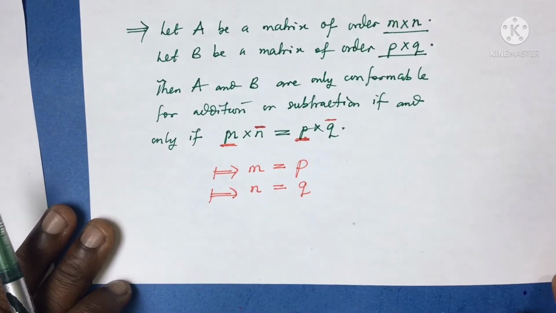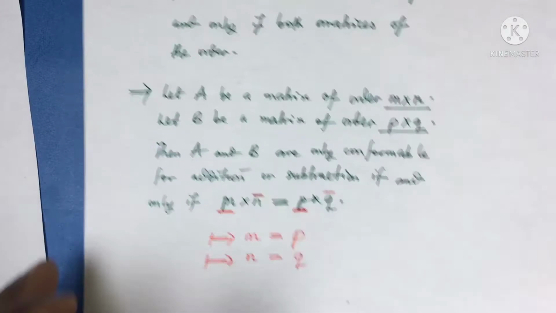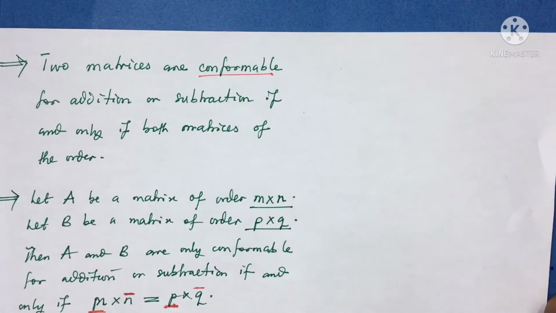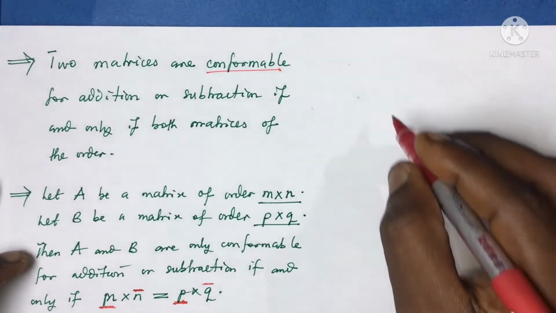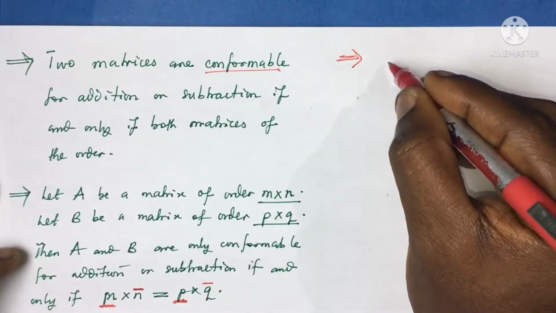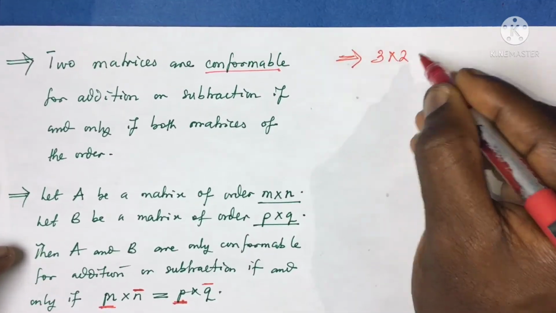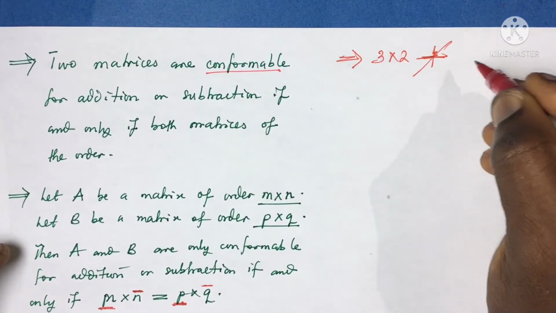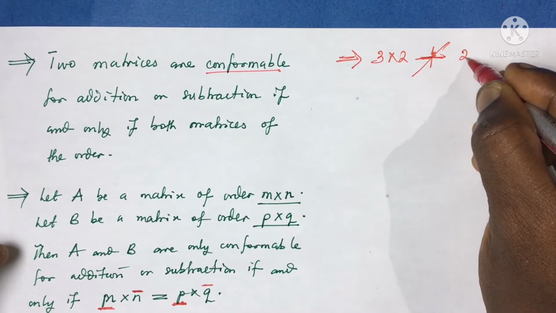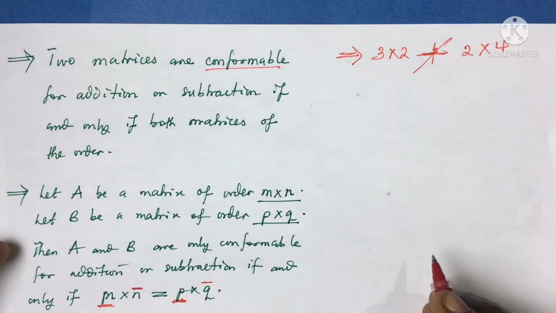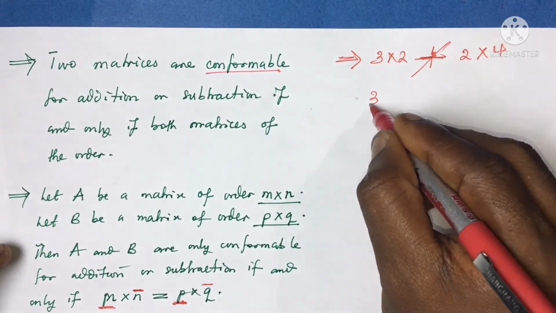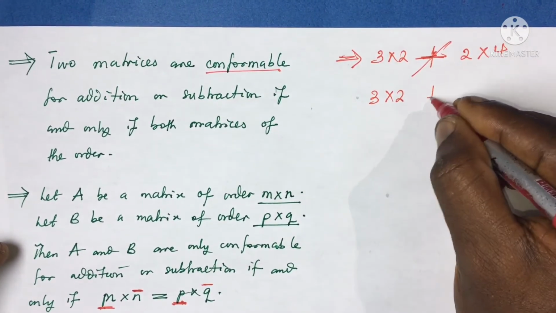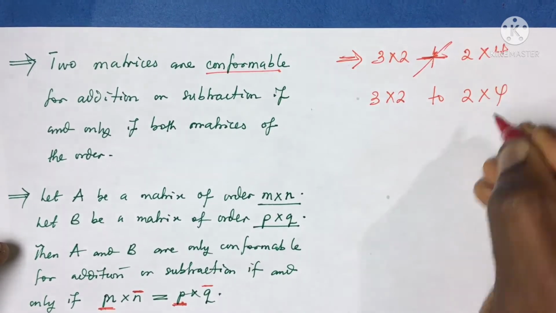Now, what is the implication of these two statements? The statement means that a 3 by 2 matrix cannot be added to a 2 by 4 matrix. You cannot add a 3 by 2 matrix to a 2 by 4 matrix.